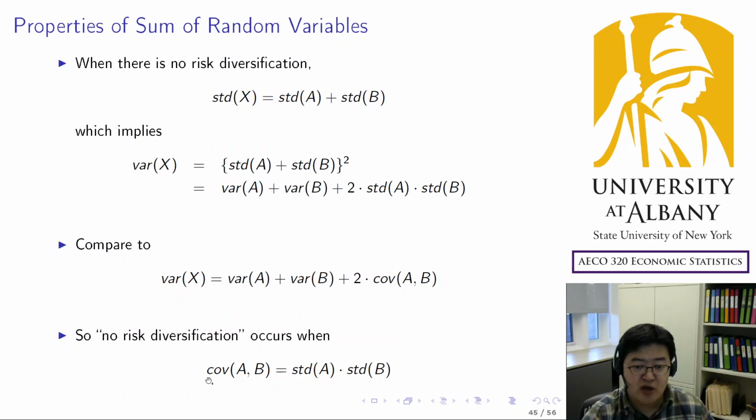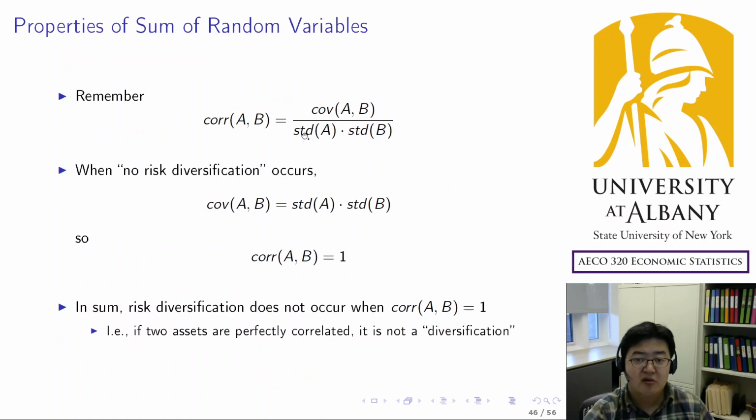So this is the no risk reduction case, but by moving the standard deviations to the denominator, remember, it becomes the correlation. So the no risk diversification condition becomes correlation equals 1. The covariance equals the multiplication of standard deviations. That implies correlation equals 1. That means risk diversification does not happen only when the correlation is 1.